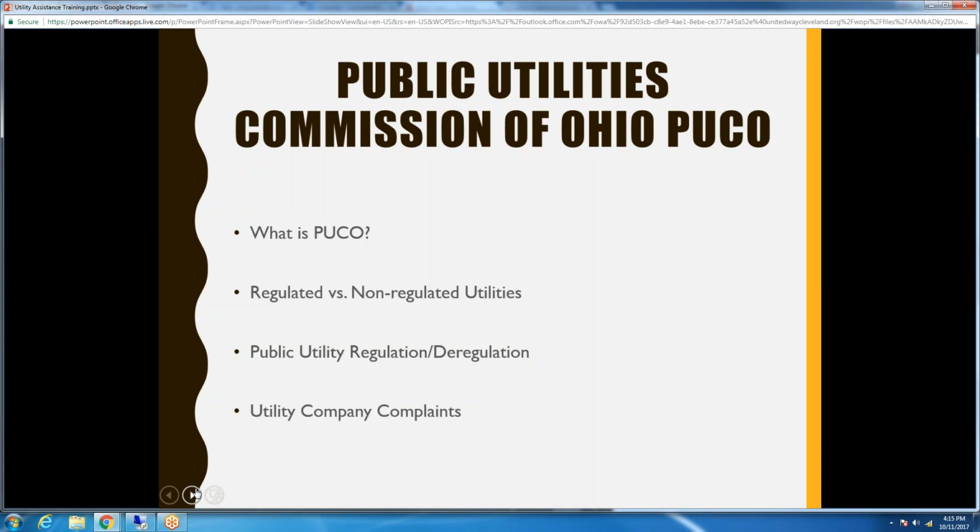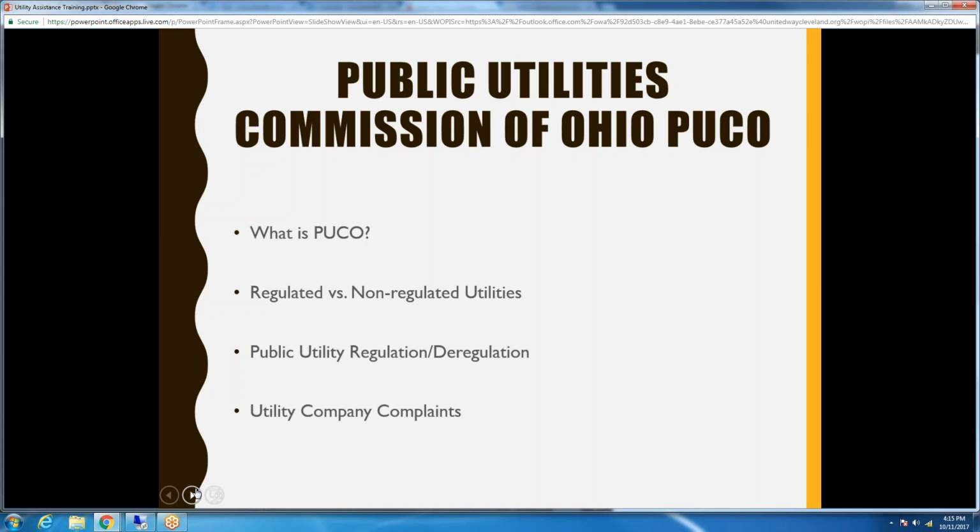In Ohio, private for-profit natural gas, electric, telephone, and water companies are regulated by PUCO. And many smaller utilities in Ohio are not private, not for-profit, and are not PUCO regulated utilities. Basically, they are actually a public government utility and considered a nonprofit.